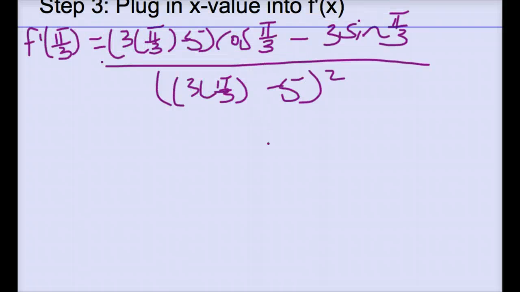If you notice, my 3s are going to cancel out right there, as well as right here.